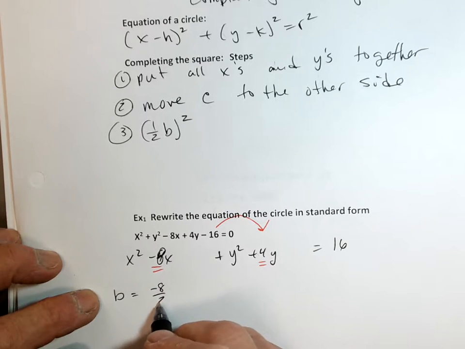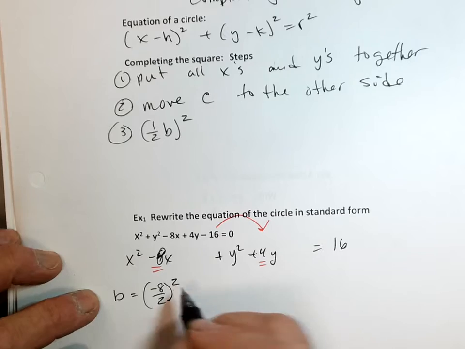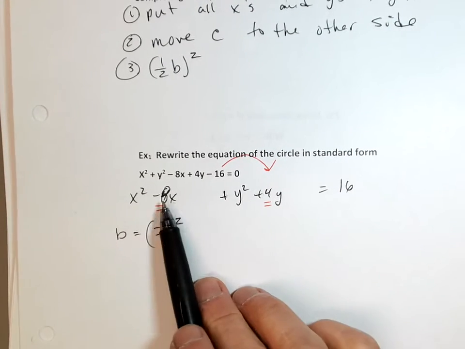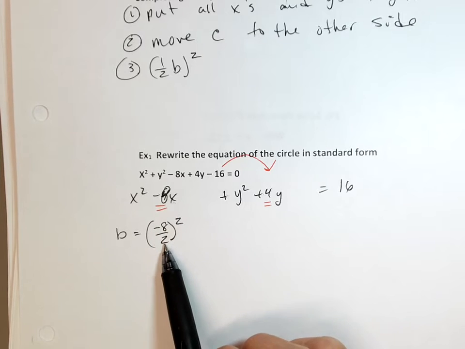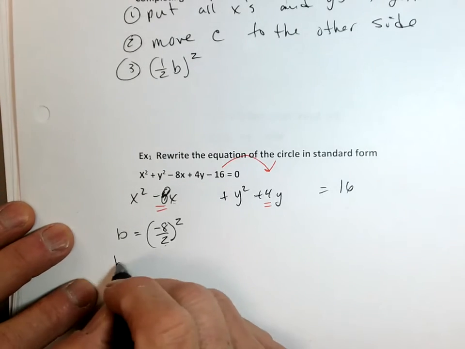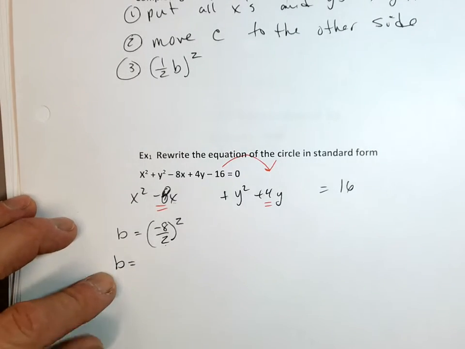I'm going to take half of that and square it. So what is half of -8? -4, and -4 squared is positive 16. So I'm going to go, c equals positive 16.